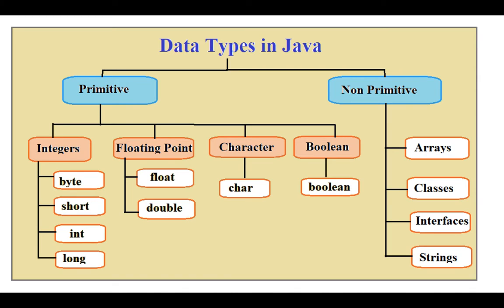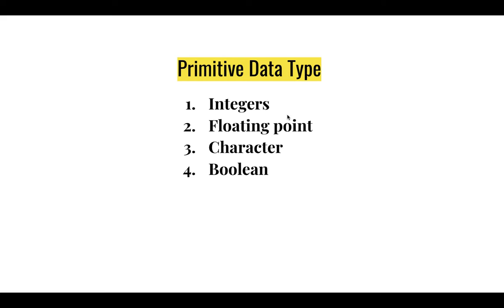Primitive data types are classified into four groups, a total of 8 types: integers, floating point, character, boolean.